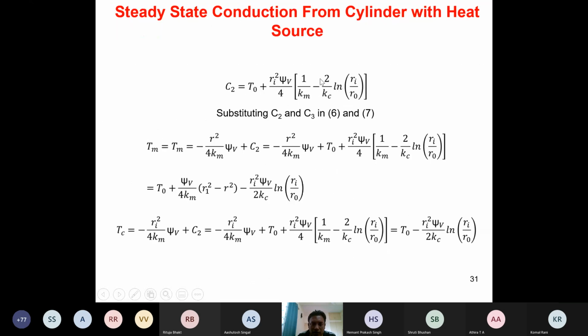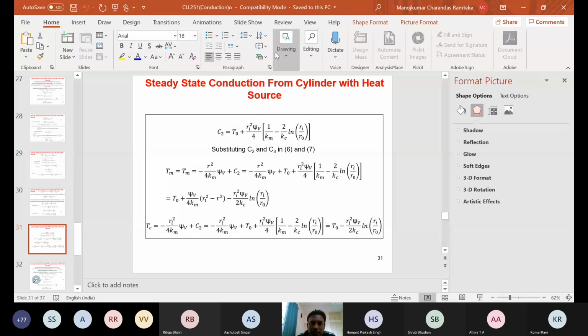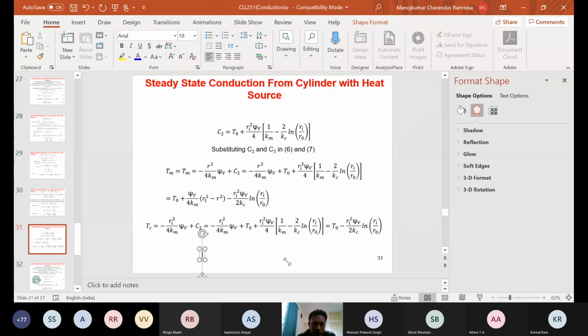Now this equation is exactly at the boundary of metal and the insulation.